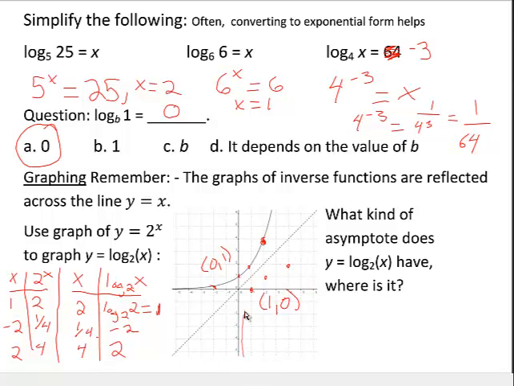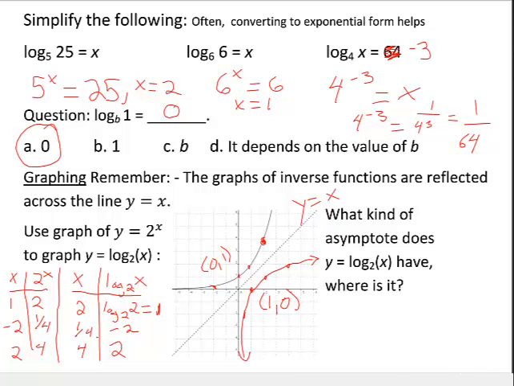Now if we connect those, we get a graph that looks a little something like this. So there's our graph. One thing that we didn't talk about in section 1.6, when we were talking about inverse functions, is that the graphs of inverse functions are reflections about this line right here, y equals x.